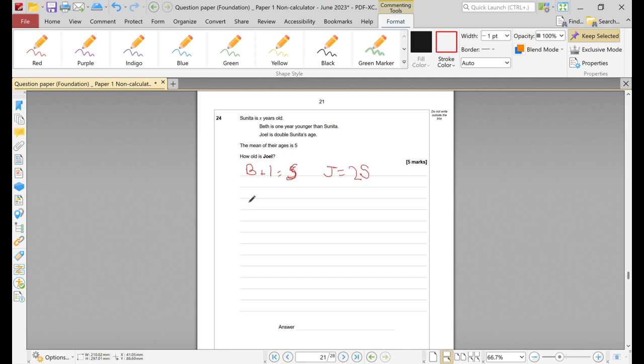And then we know that Sunita plus B plus J, so all of the ages, divided by 3 for the average, that's 5.